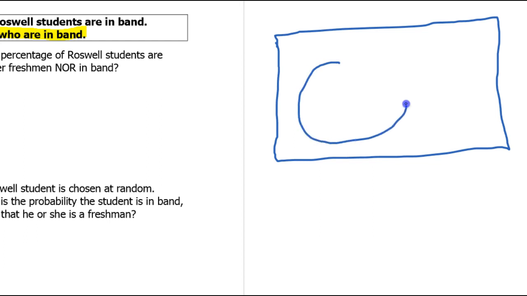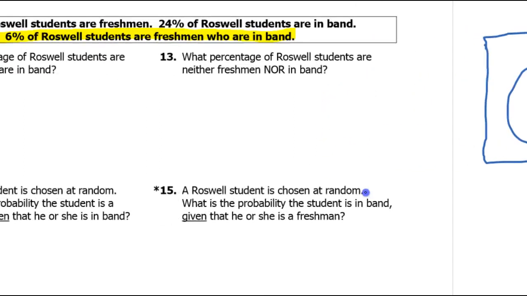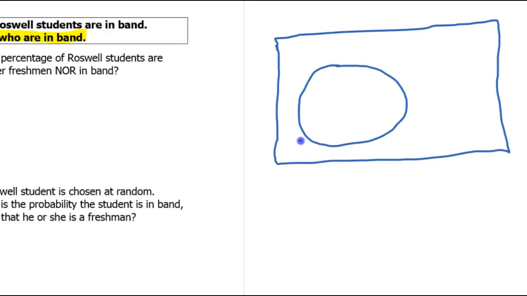So let's see. We're talking about freshmen and being in band. So this will be my circle for freshmen, and this will be my circle for being in band.